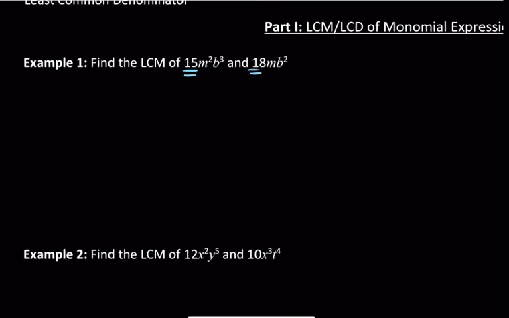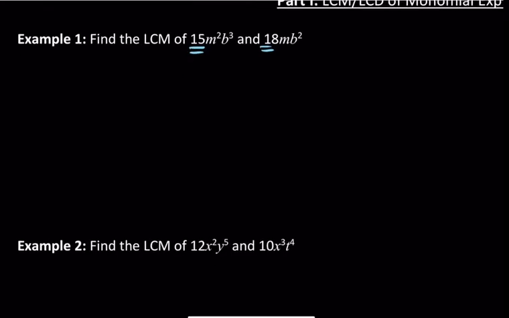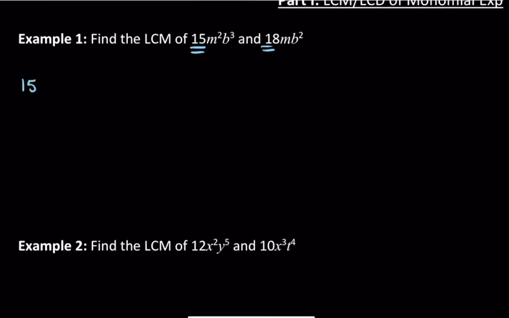There are a couple of different ways that you can find the least common multiple or least common denominator. One way, which I don't think is everyone's favorite, is to just start listing out the multiples of 15.